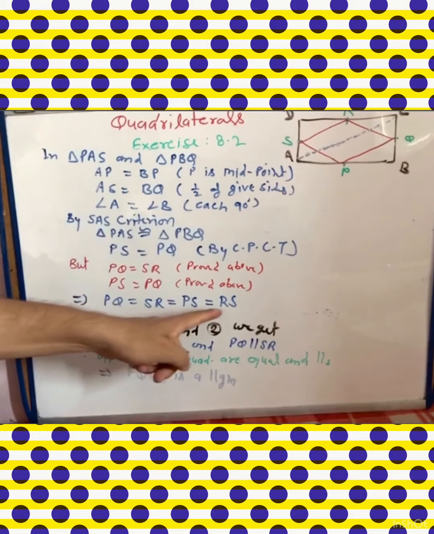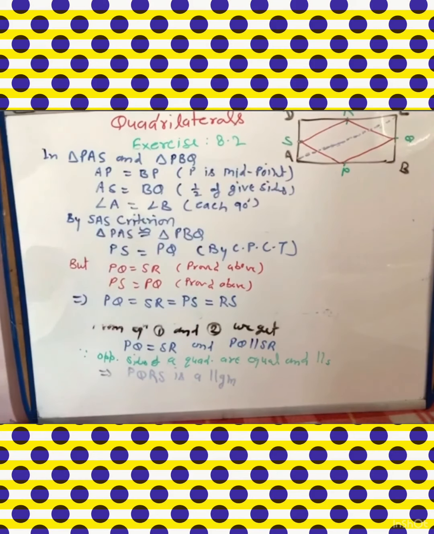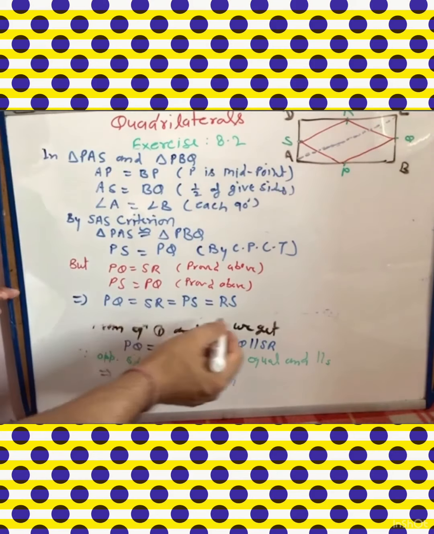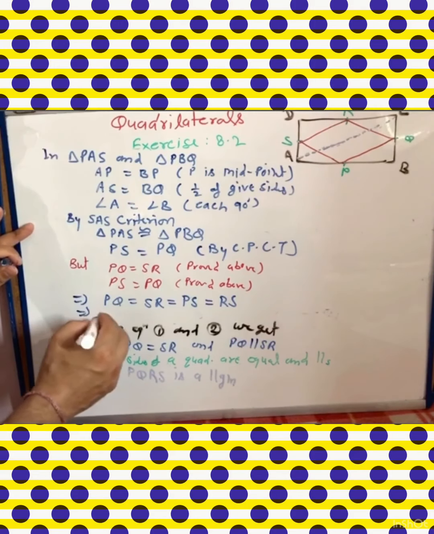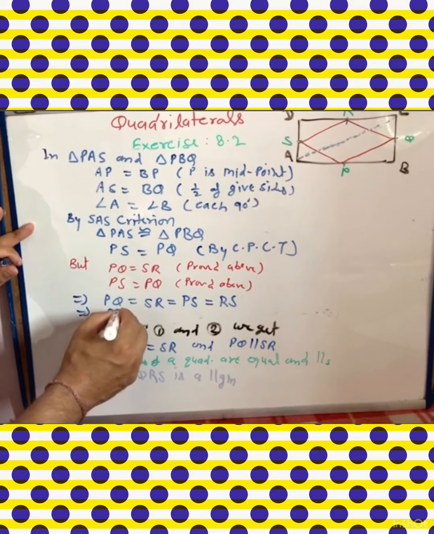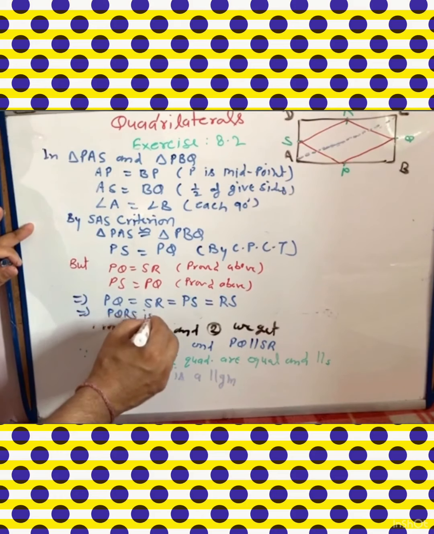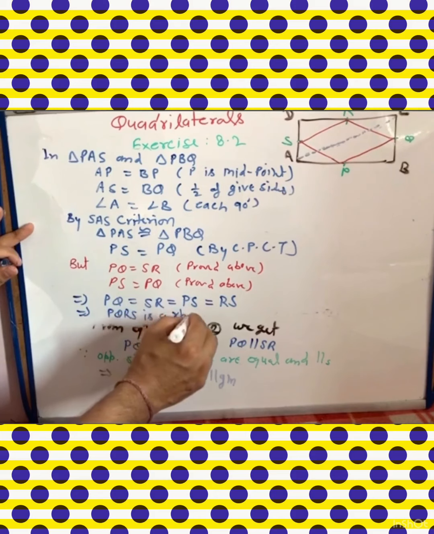Okay, because this RS you also proved in the equation number 1. So all sides are equal in a quadrilateral. This implies that PQRS is a rhombus.